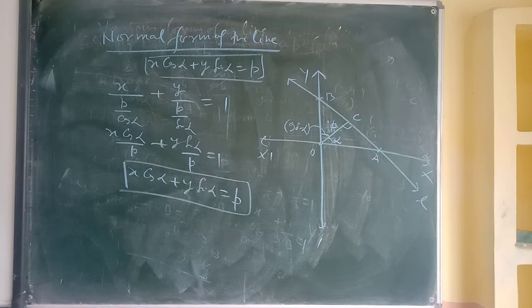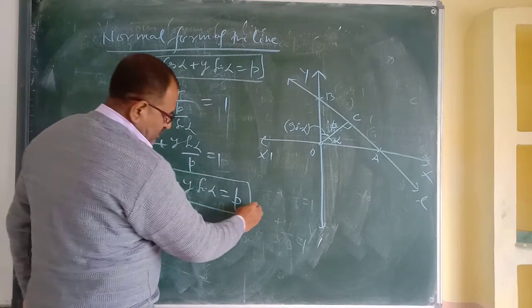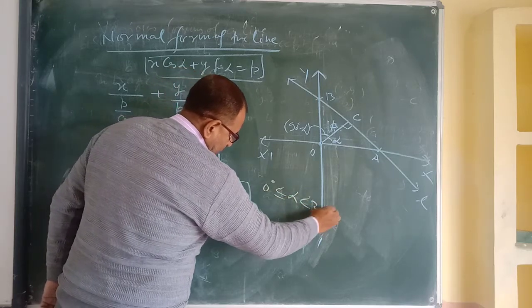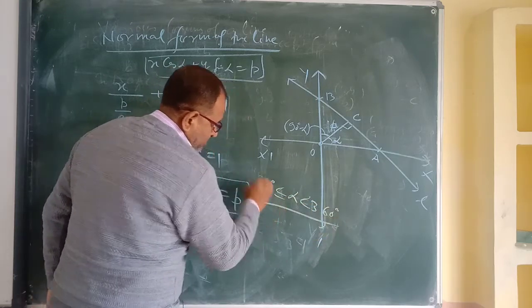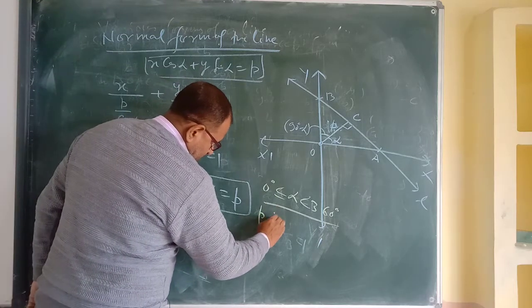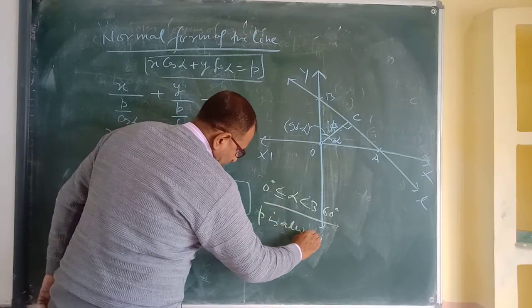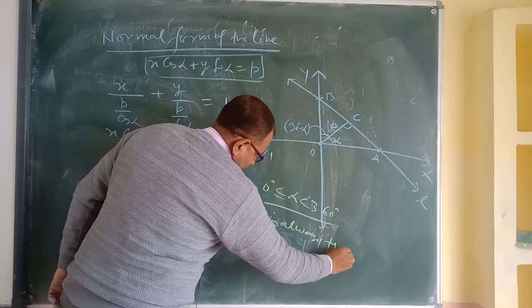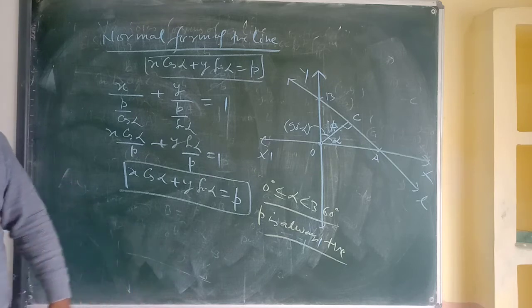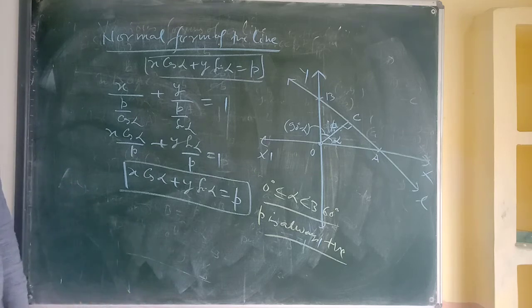I hope that it is clear to you. P is always positive and the value of alpha is 0 to 360 degrees. Since it is a perpendicular distance it cannot be negative, so we always take p positive.